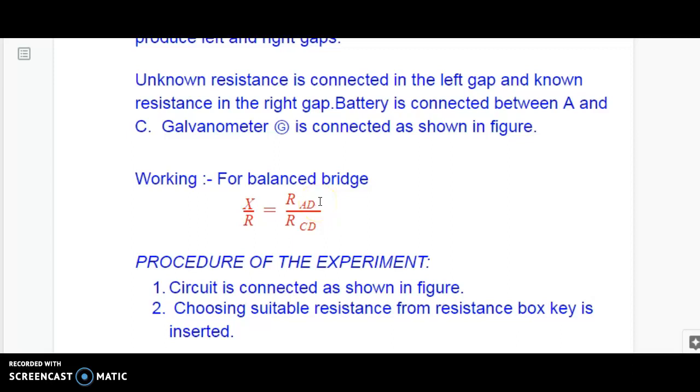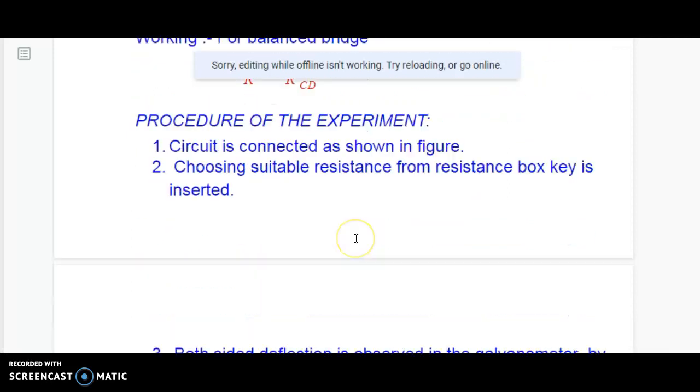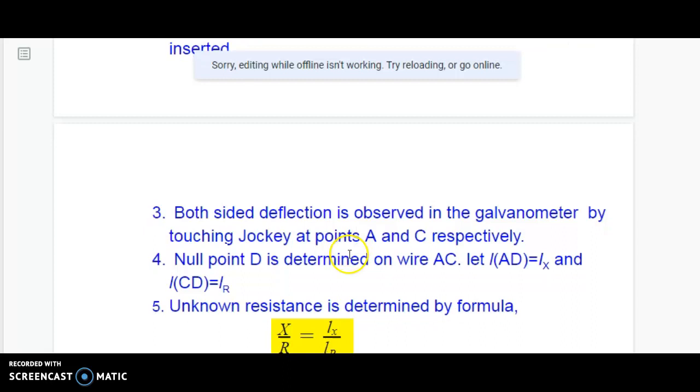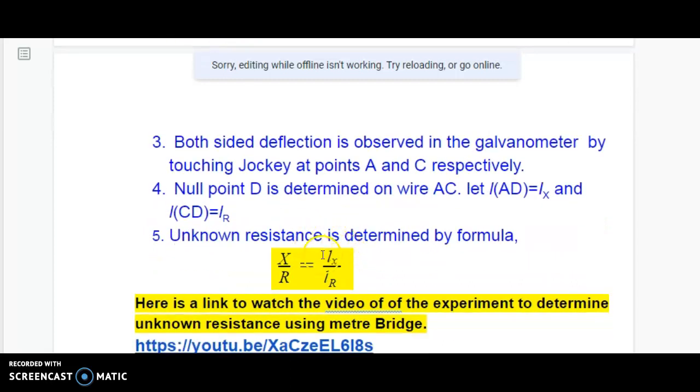If you have a wire of uniform area of cross section and of the same material, the resistance of wire AD upon resistance of wire CD will be equal to Lx upon Lr. Now this Lx, Lr can be directly measured, and R is known to us. You can substitute all these values and determine the value of unknown resistance X.